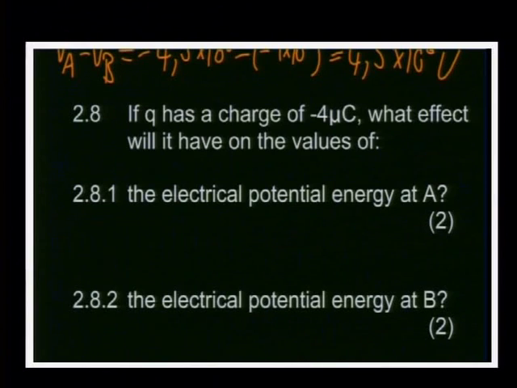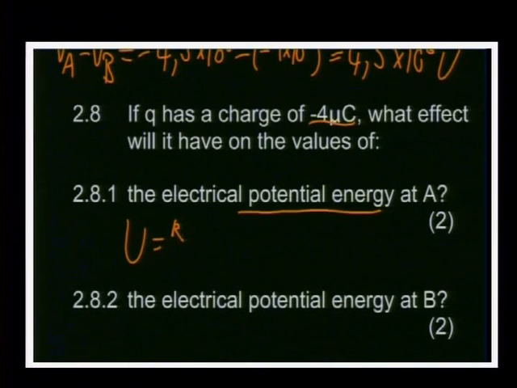Right, let's do the last question, 2.8. It says, if Q has a charge of minus 4 microcoulombs, what effect will it have on the values of the electrical potential energy? So that's U at A. Remember what we've done. We've taken the charge and it was minus 2 microcoulombs and it's now minus 4. We've doubled the charge.